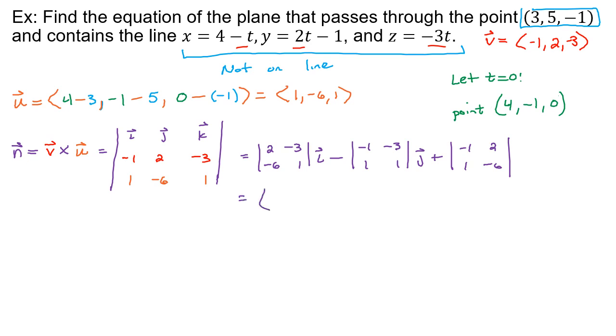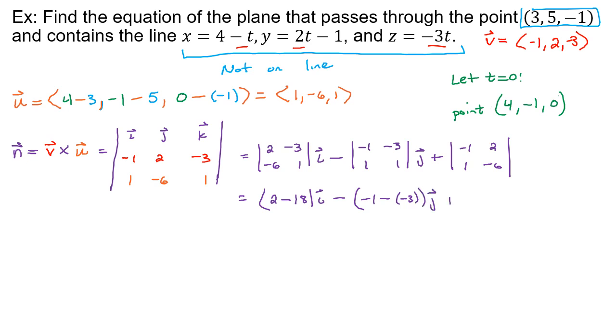So this is going to give me 2 minus negative 6 times negative 3 is 18. Negative 1 times 1 is negative 1. Minus 1 times negative 3 is negative 3.